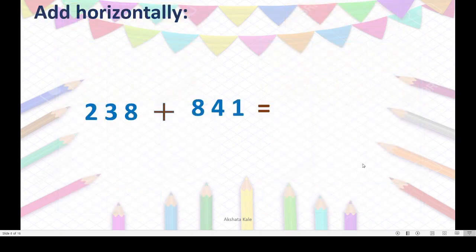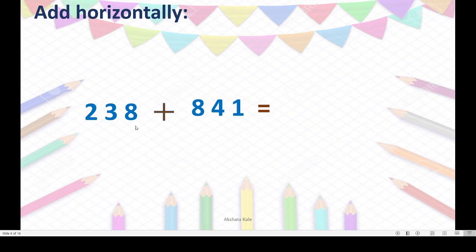Now we will move to horizontal arrangement. Now add horizontally. Horizontal means in a sleeping position. You can see in a single line they are. Two numbers are in a line. We have to add these numbers like this only. Here also you know this is a 3-digit number and this is also a 3-digit number.